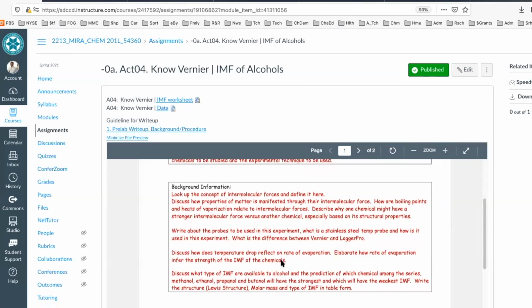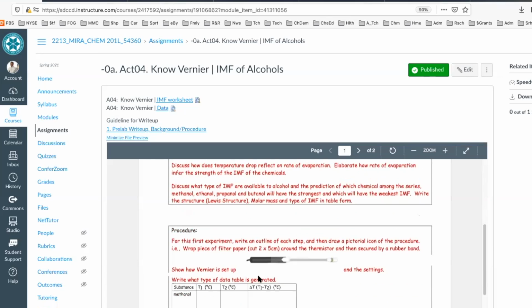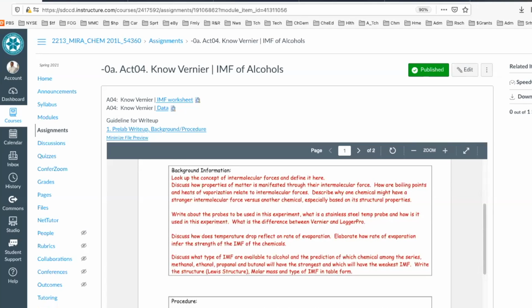You want to write that in your background because really that's what you're investigating. You're going to see if there's a correlation between the delta T that you are recording, the heat of evaporation, because that's what you're monitoring, and the molar mass or the intermolecular forces.